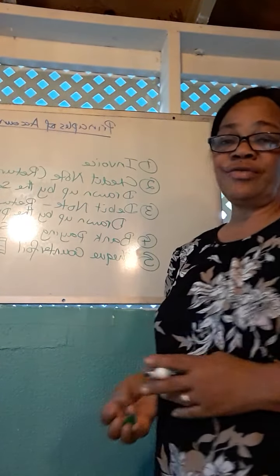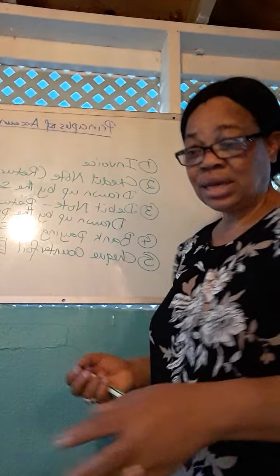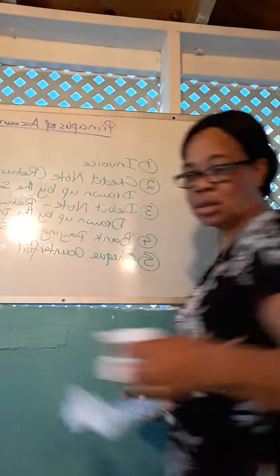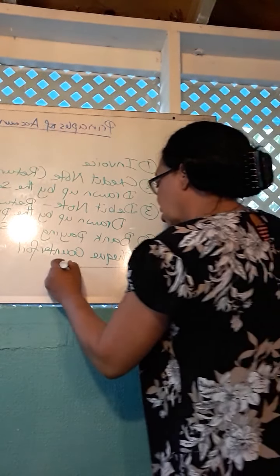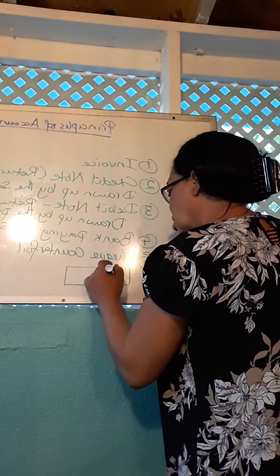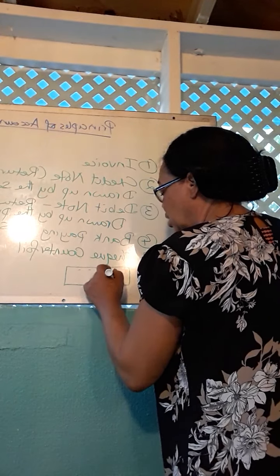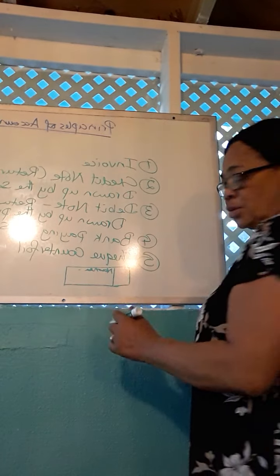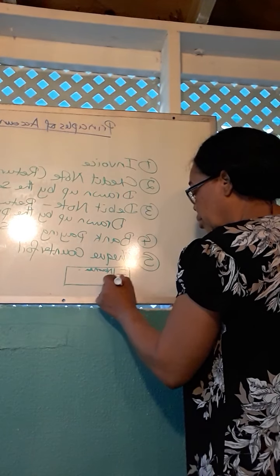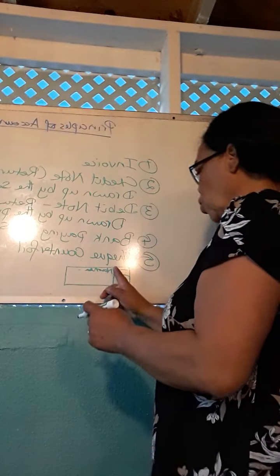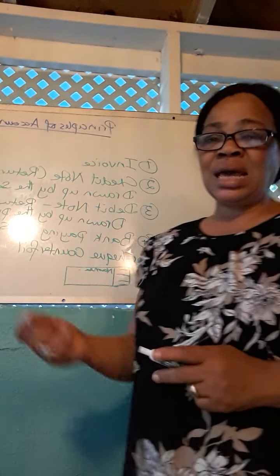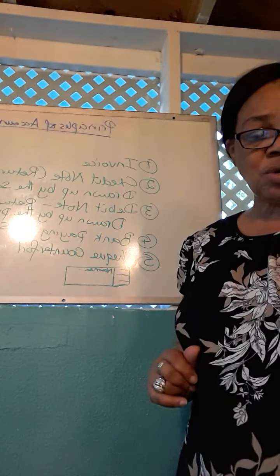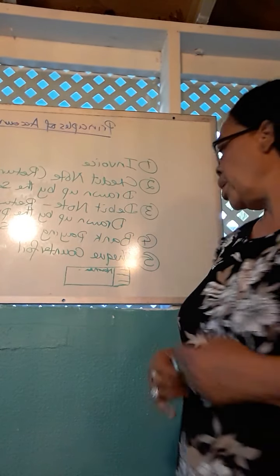So here's my check, and this part of the check would have the information, for example, the name of the person, name of the company, the amount that you're being paid. So when you rip this piece of the check and hand it to the person who you're paying, you would have in your checkbook what is called a counterfoil.